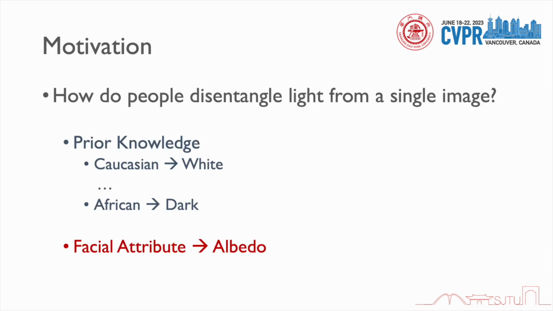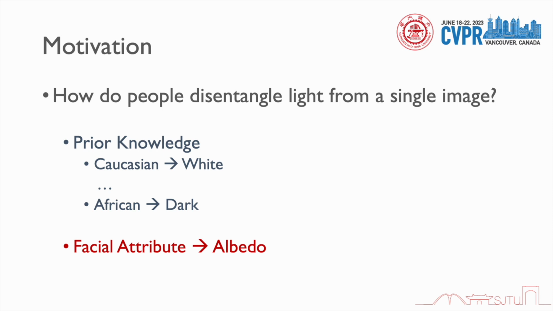It is natural to ask the question, how can human beings disentangle light from a single image? There is no doubt that the answer is prior. Given the fact that facial albedo is related to facial attributes, e.g. ethnicity, age, and skin color, we consider exploring attribute constraints during albedo estimation. For example, African albedos are primarily dark, while Caucasian albedos are mostly light.